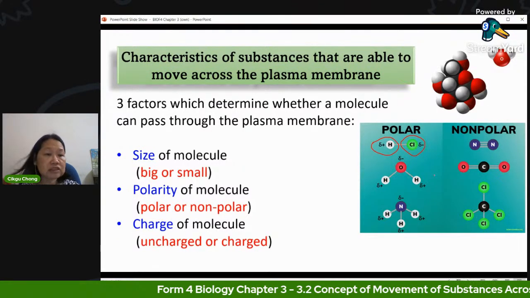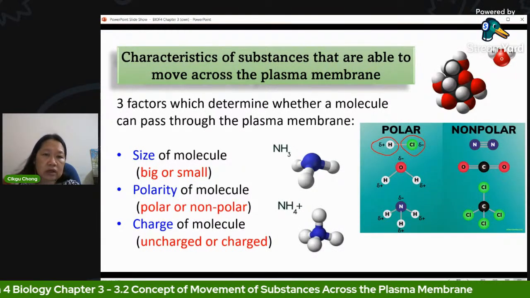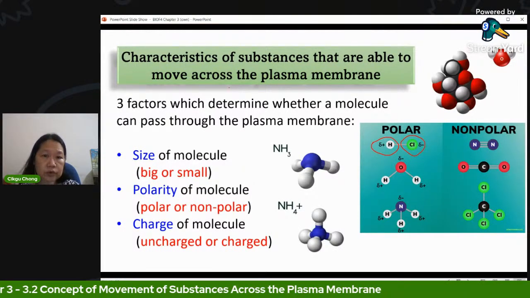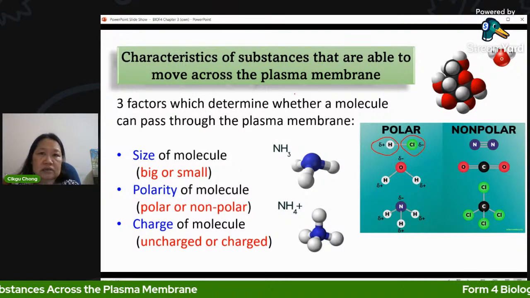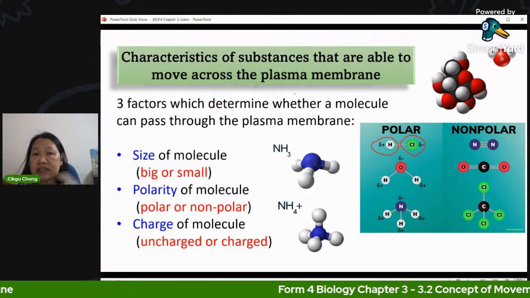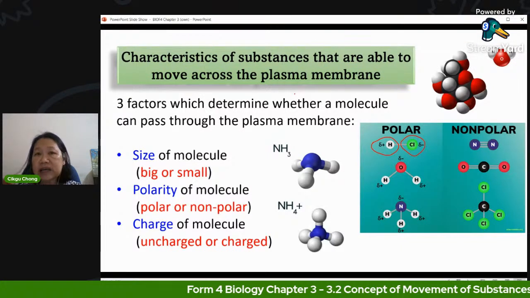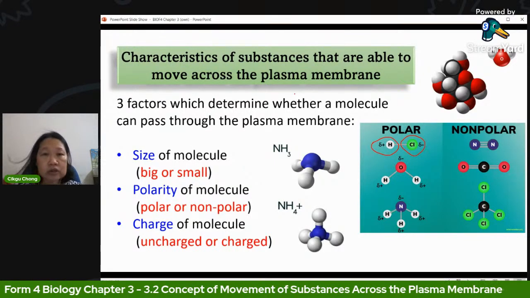The next factor is charge, whether the molecule is charged or uncharged. There are 2 examples here. The one on top is the ammonia molecule, which is uncharged because the atoms share covalent bonds between the electrons, so the charge of the entire molecule is neutral.